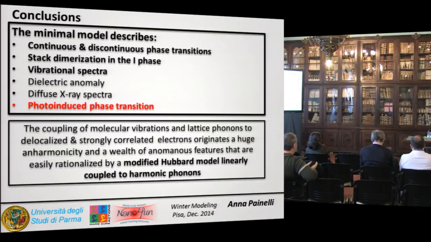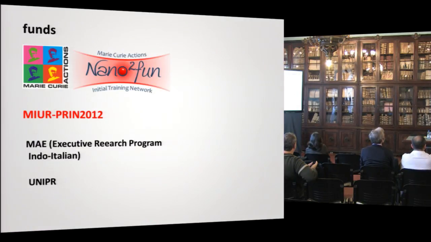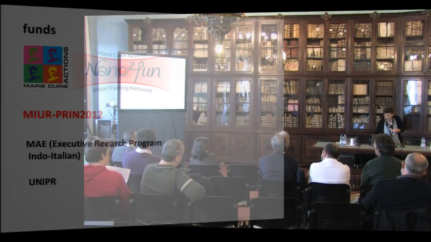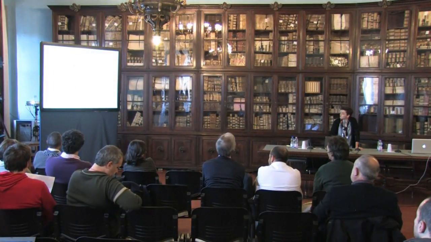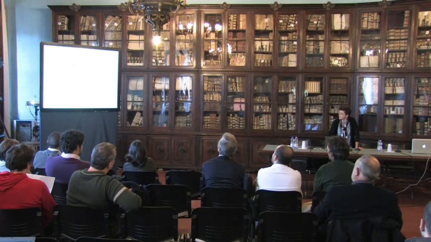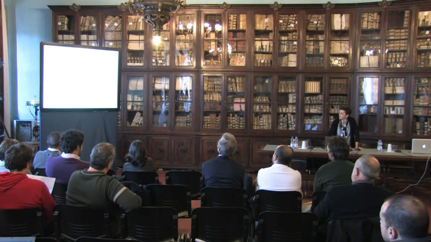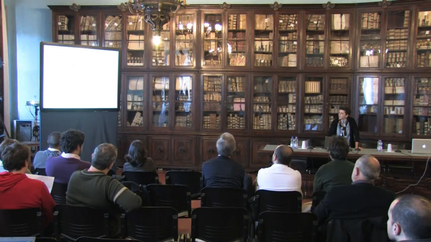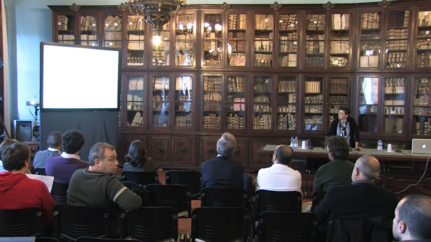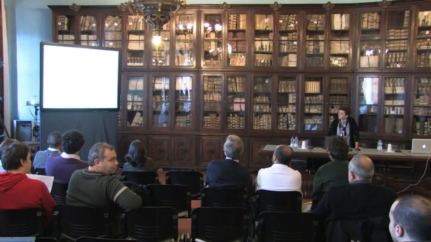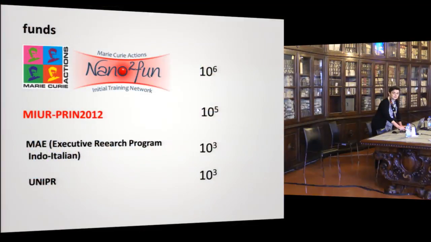Oh, sorry. There is something that I always forget: funds. The reason I want to show you this today, even if I had forgotten initially, is that I'm lucky. These days I have some funds, and I want to show you, in whatever unit of measure it is, so you can guess the order of magnitude of the funds that come from the European Commission, and then from our Ministry of Education, and then from other sources.